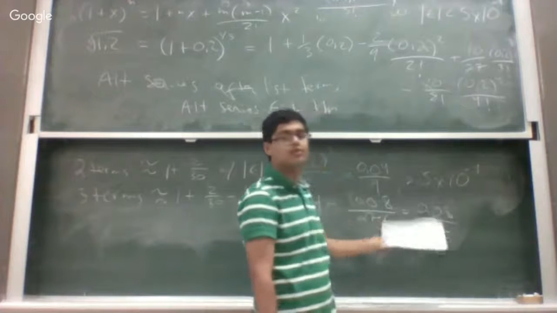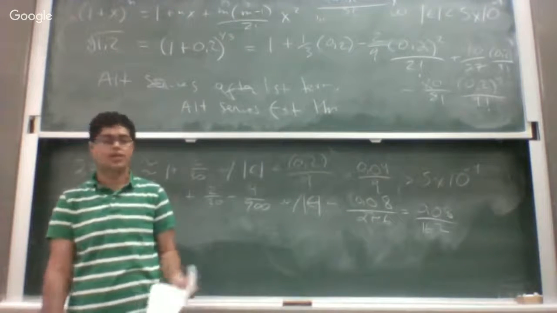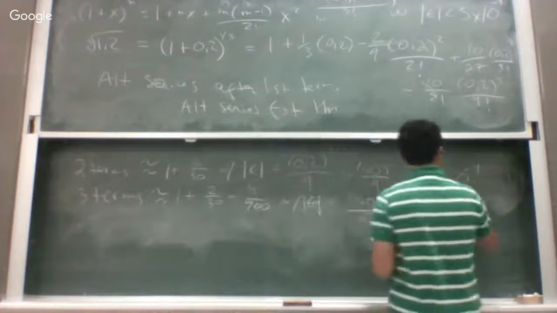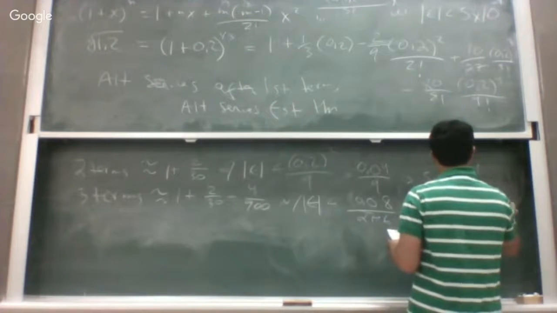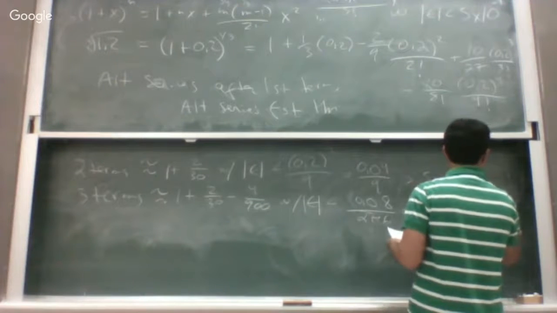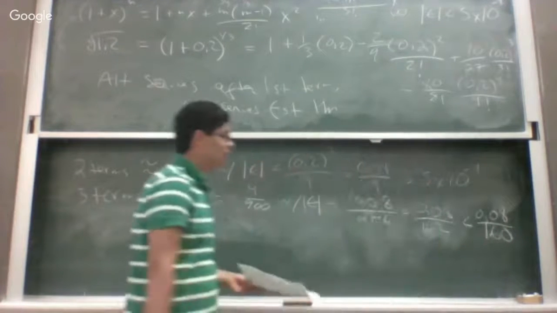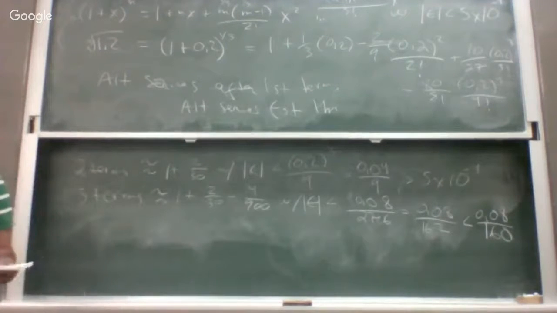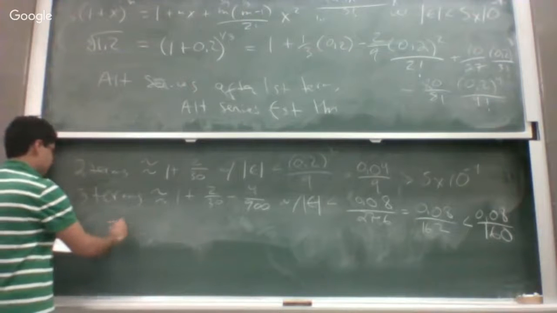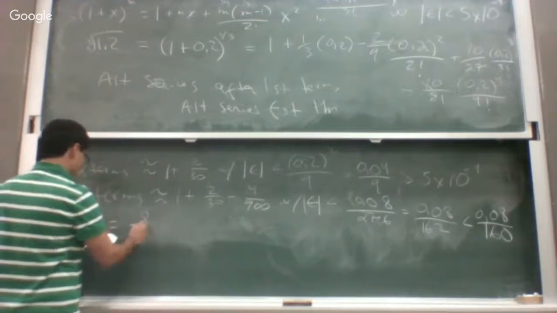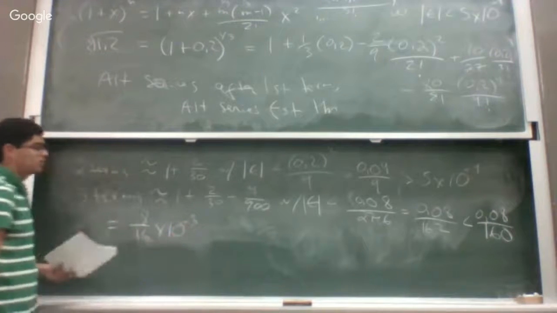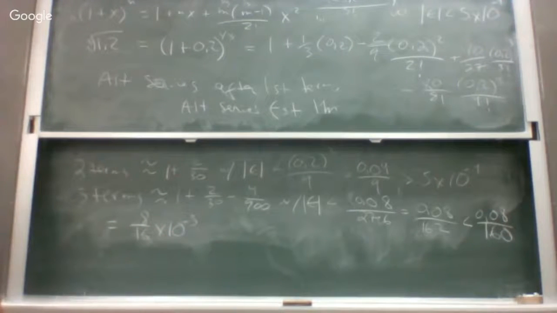So you have this fraction that's easily doable. That's less than, just by approximating, 0.08 divided by 160. Then that is equal to 8 over 16 times 10 to the negative 3.